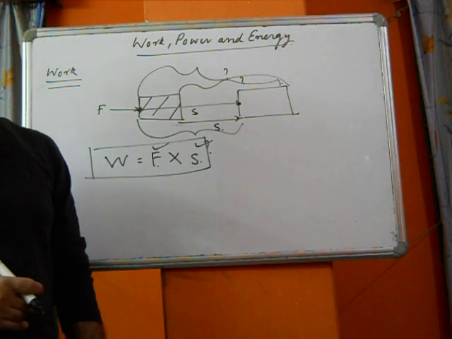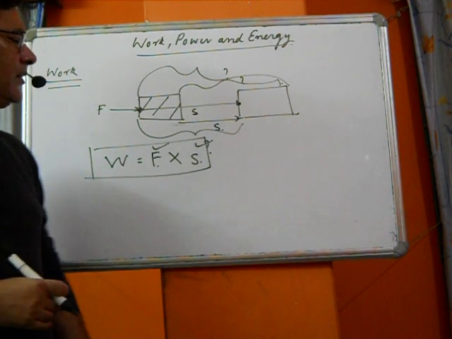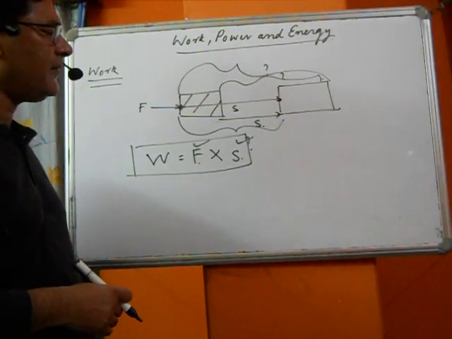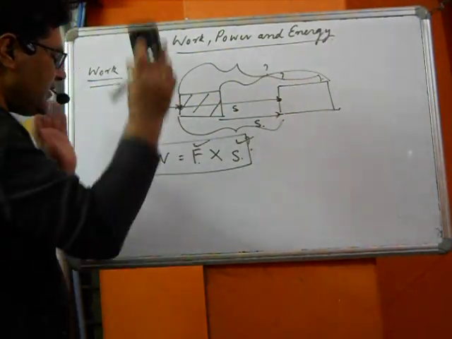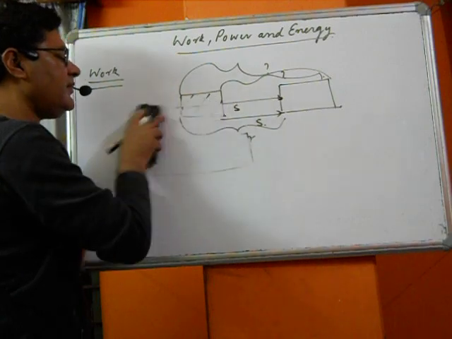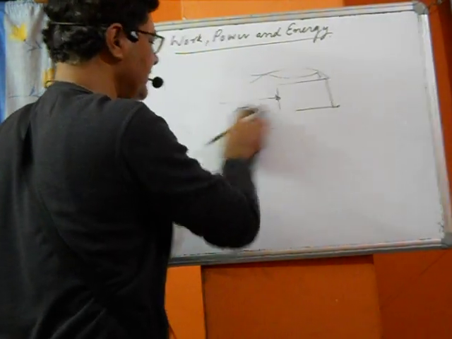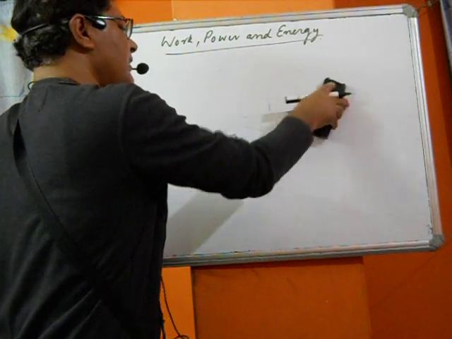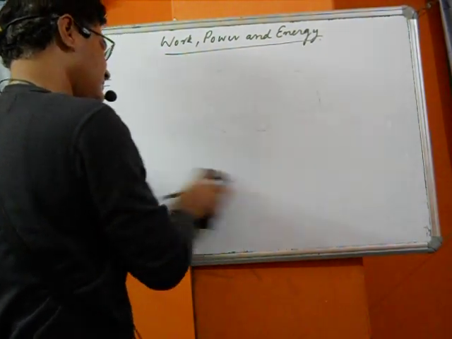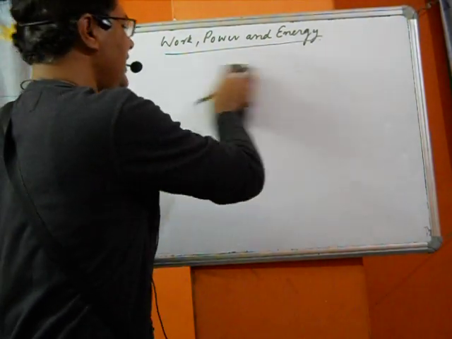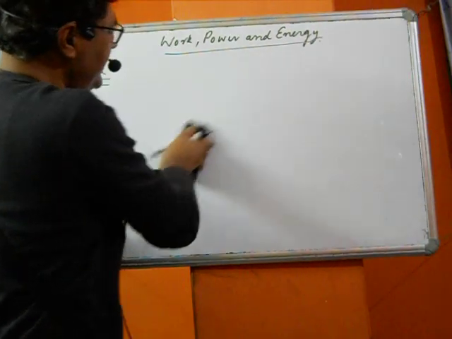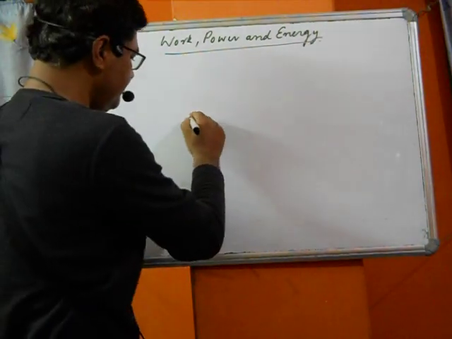But is it necessary always that I apply a force over here and the object is displaced this way? Just for example, I'm showing you an example over here. I have an object over here.